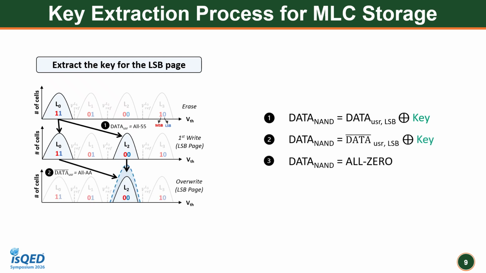Without touching any MSB page, we overwrite the LSB page with the inverted pattern of the previous pattern, which is all A. In this case, all the cells will move to L2. Take a look at the logic of L2: the LSB bit will be 0. So after the read operation, we can get the key from the LSB page.